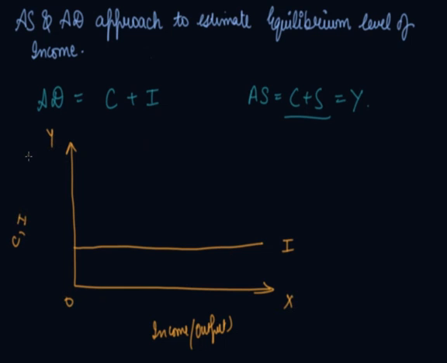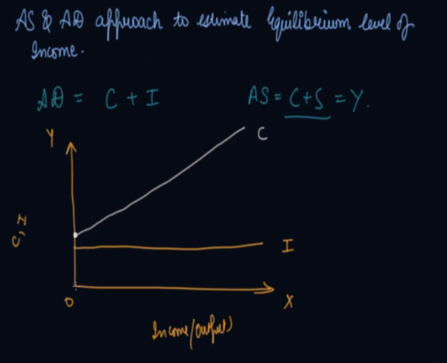Now if we consider your consumption function, then when your income was zero, there was some consumption that you used to do, right? So this is your consumption function, C, and your income.